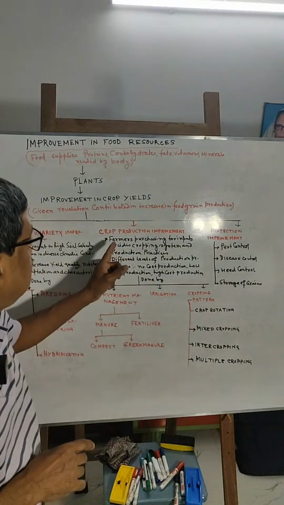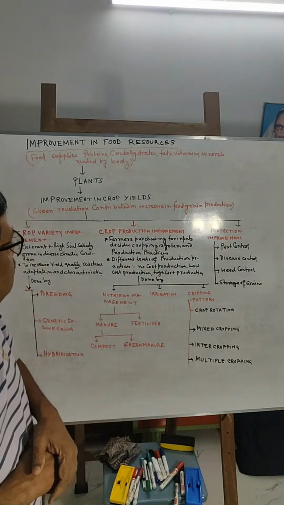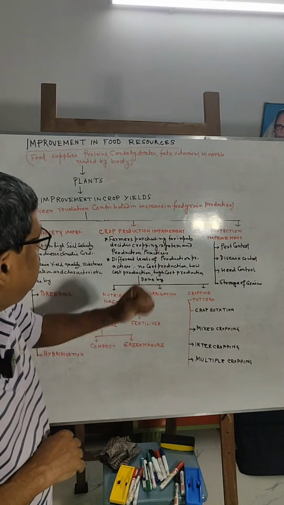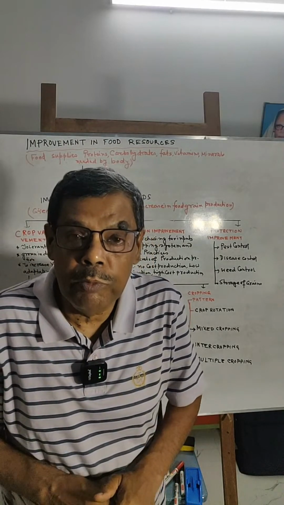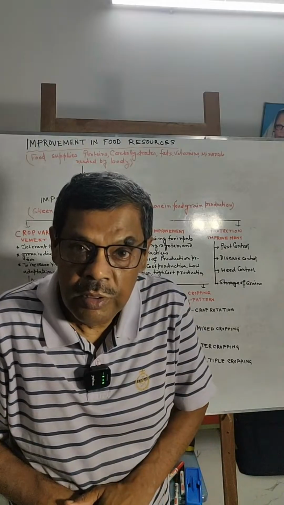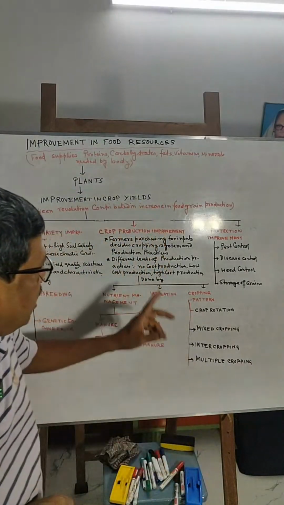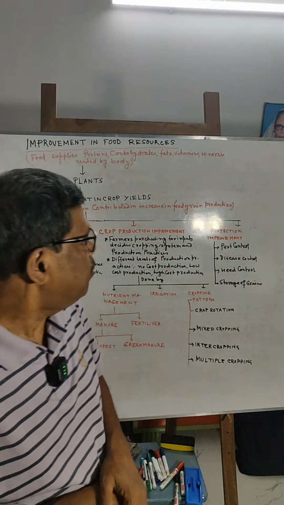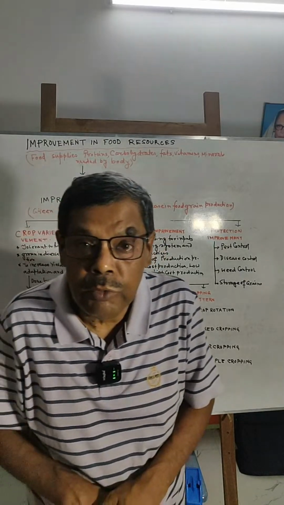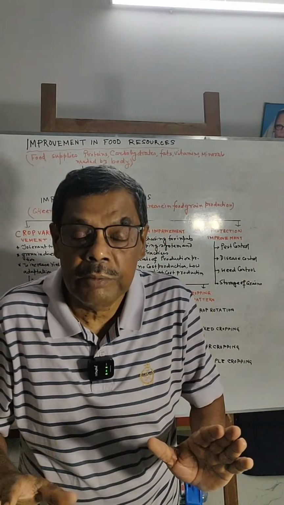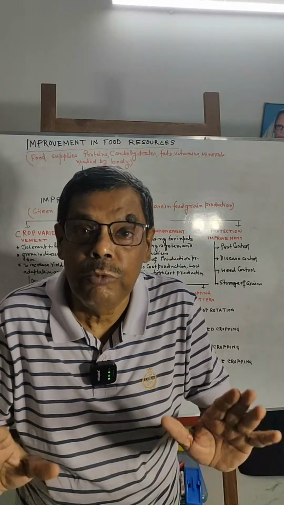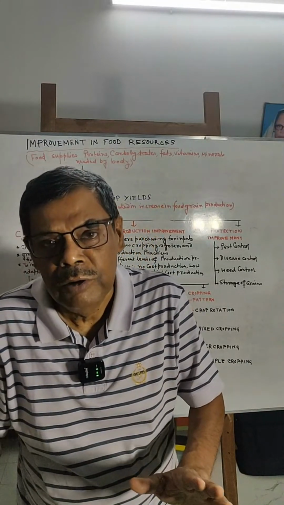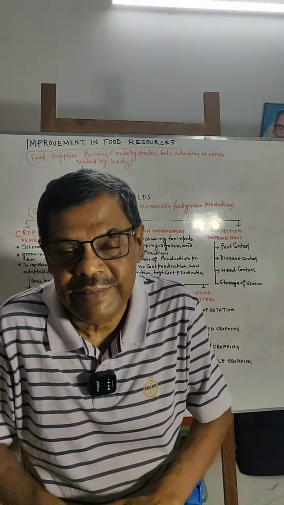Next, crop production improvement. Production of crops would be improved by several methods. Next, crop protection improvement. Protection of crops from various diseases, weeds and insects would be improved by various systems.